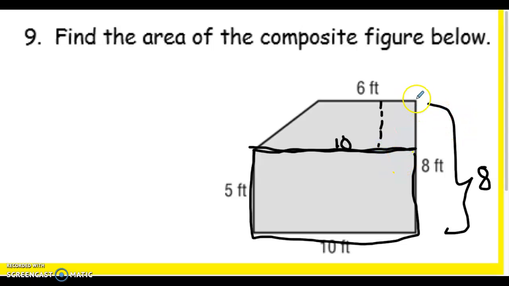So how are we going to do that? The whole unit right here, this whole line is 8, and up to here is 5. So how much more, sorry, I'm writing very sloppy, how much more would you need for the height of this? What would you need? 5 plus what number gives you 8? So the height would be 3. So you would find the area of the trapezoid using your formula sheet, the area of the rectangle, and add your areas together.